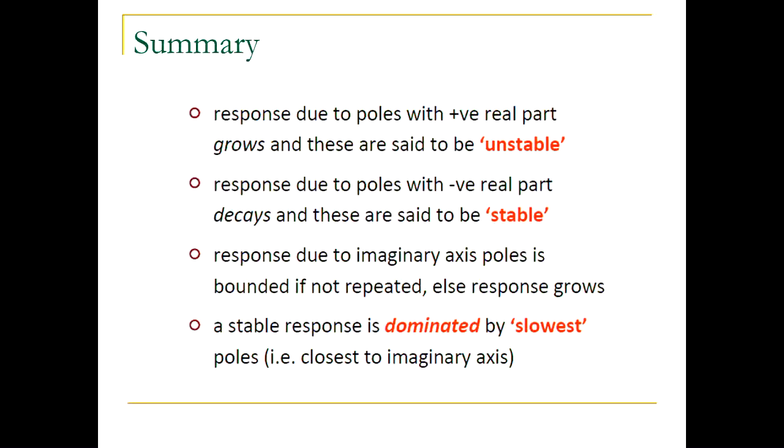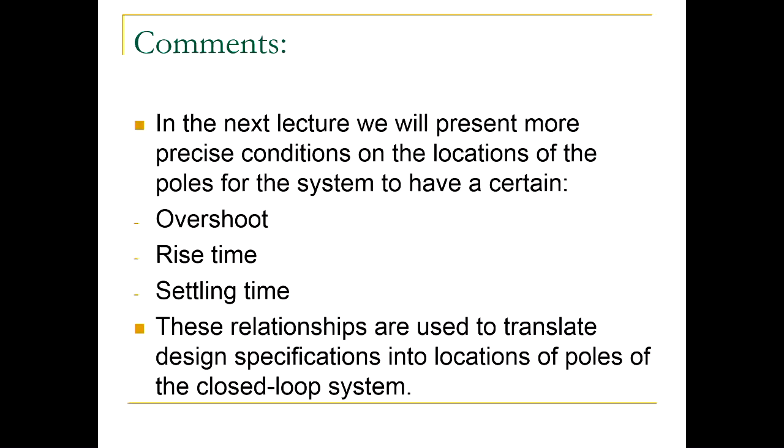So this is just a summary. I already explained all of this. I just want to give you a preview. In the next lecture, we will go into more detail and look at how locations of poles are related to overshoot, rise time, and settling time for second-order systems. I will give you even more precise locations of poles for the second-order system so that you have overshoot less than 10% or 20%, or rise time less than 1 second, 0.1 second.